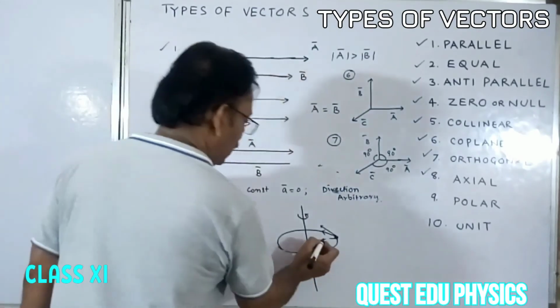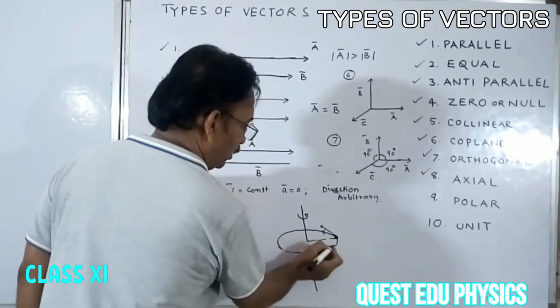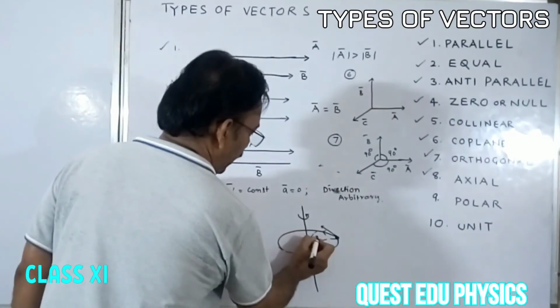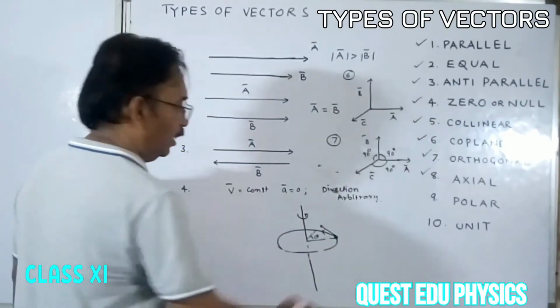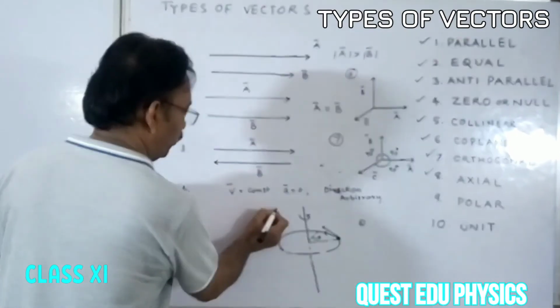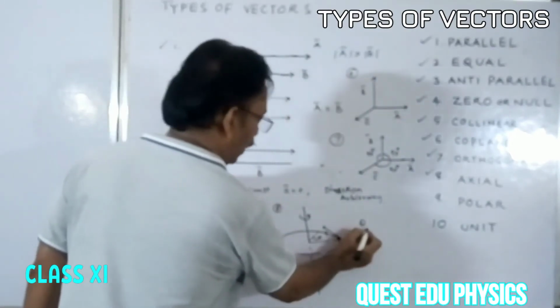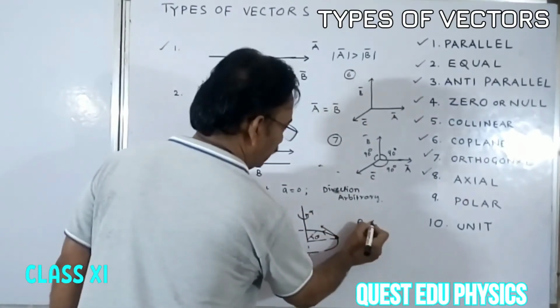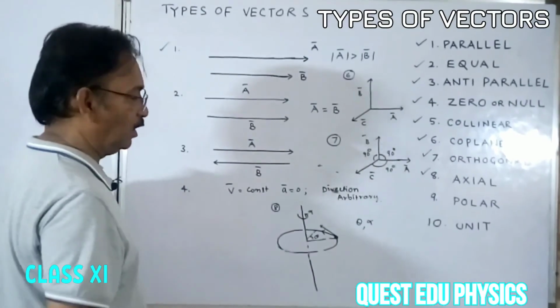In this case, the angular displacement, here the particle is moving from here to here, just imagine, it made an angle theta. Here theta is an axial vector. We are talking about it. And also this angular velocity is an axial vector.